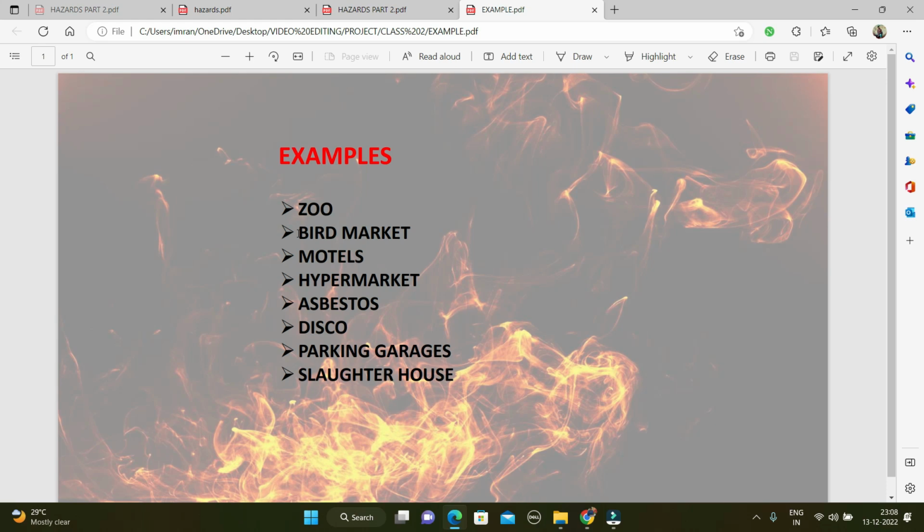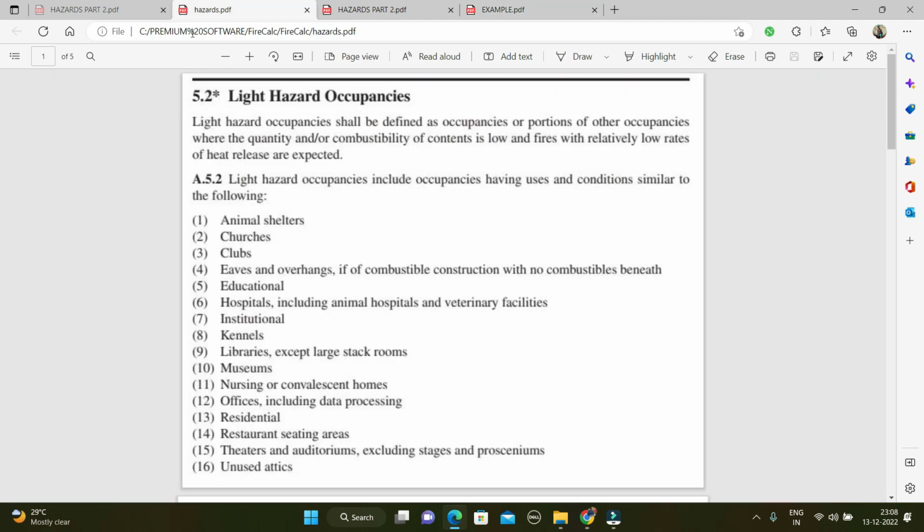But suppose we are going to design any zoo, or bird market, or motels, or hypermarket, or asbestos, disco, parking garage, slaughterhouse, then firstly we will select the hazards, right?